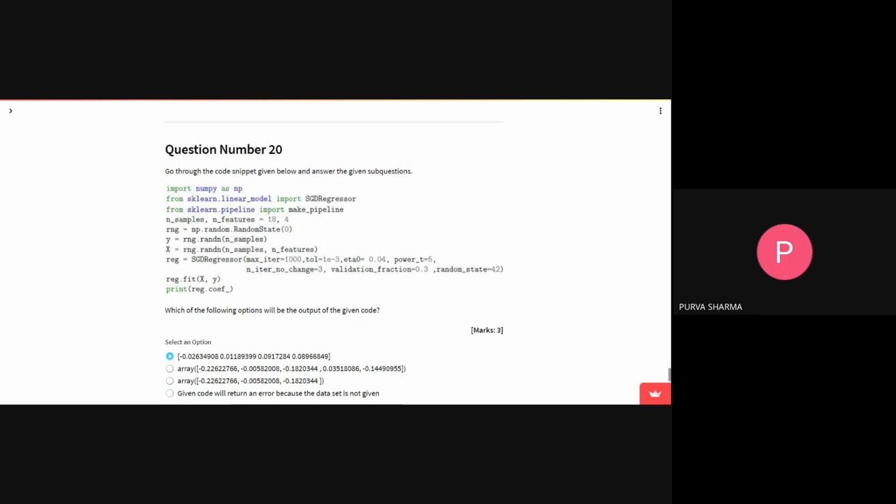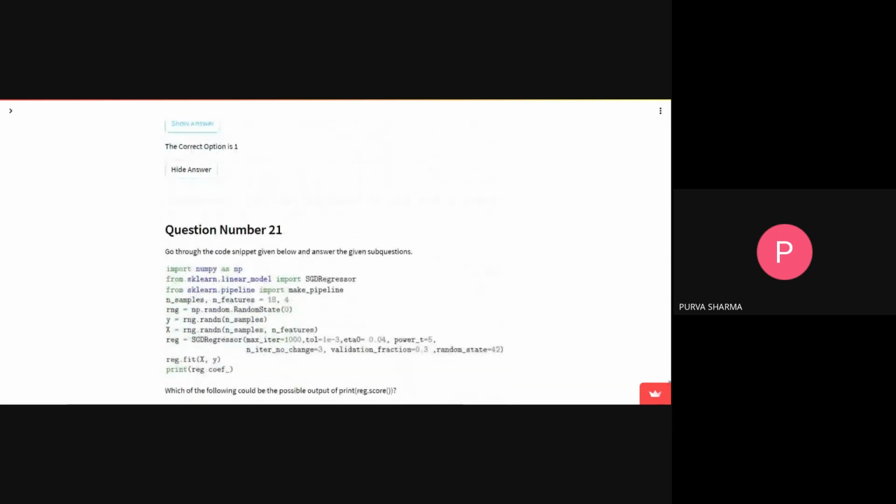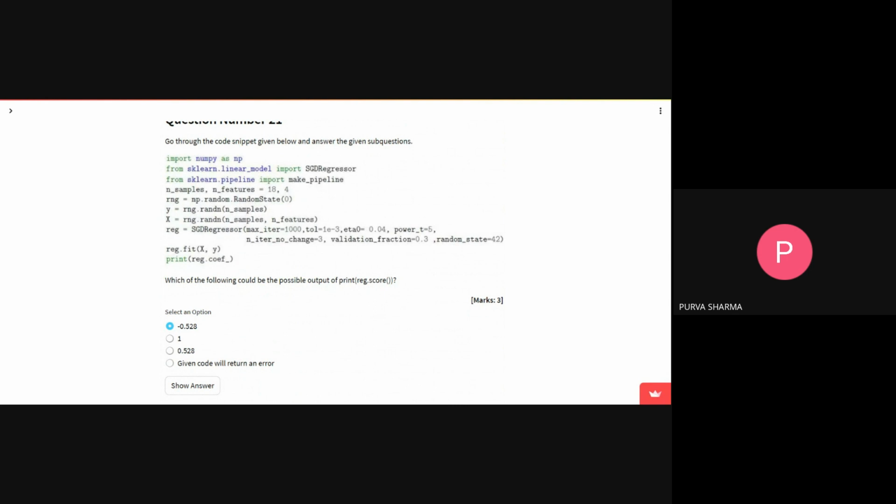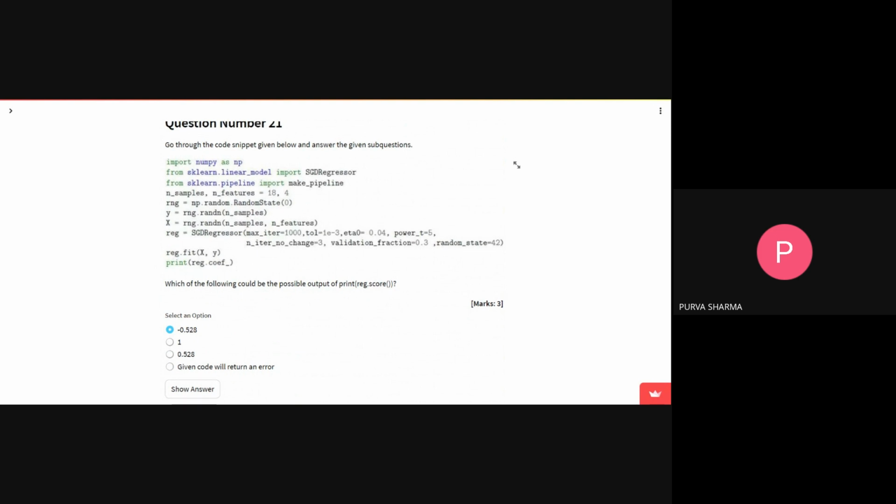Thank you, ma'am. Now, answer this question. We have NumPy, then SGD regressor. The same code snippet, with which of the following will be the possible output of reg.score? What should be the answer?